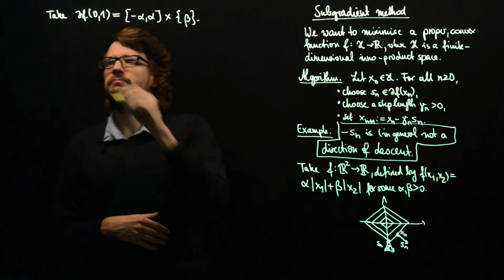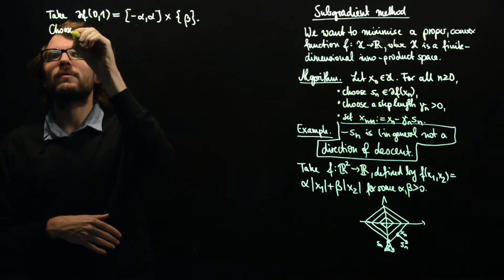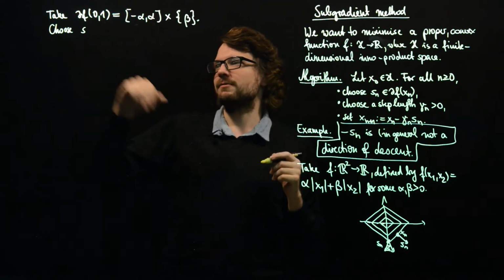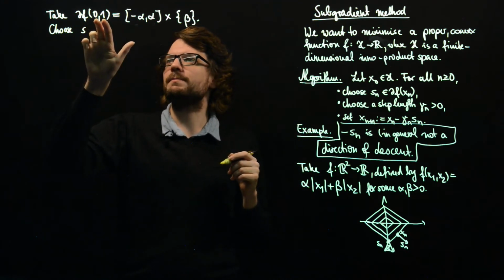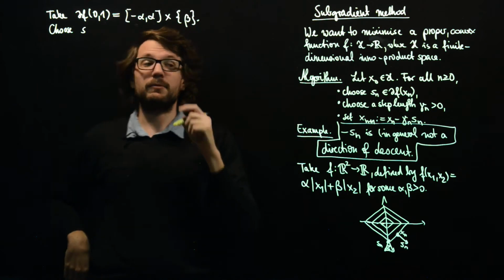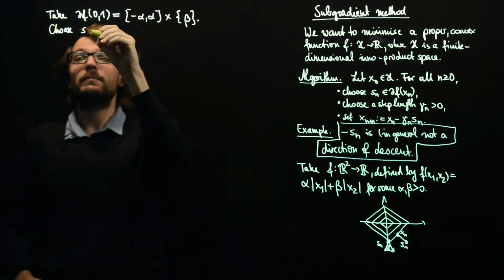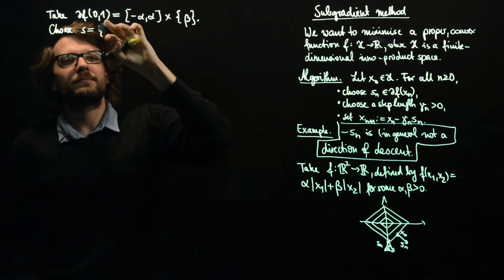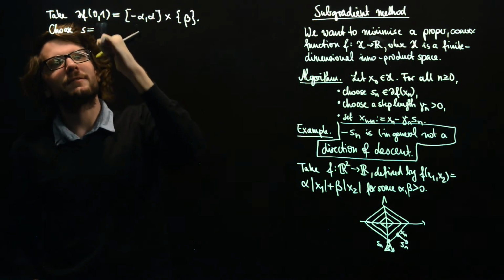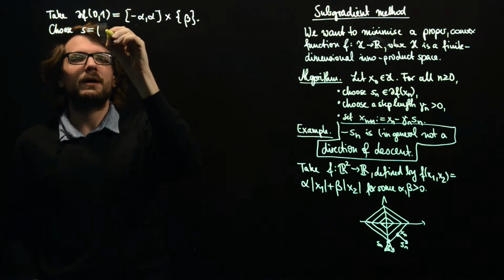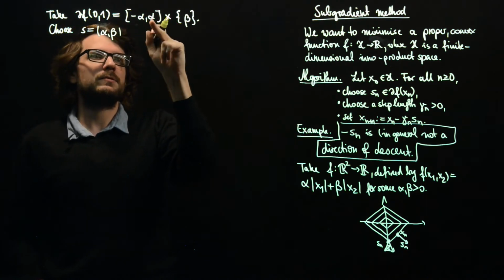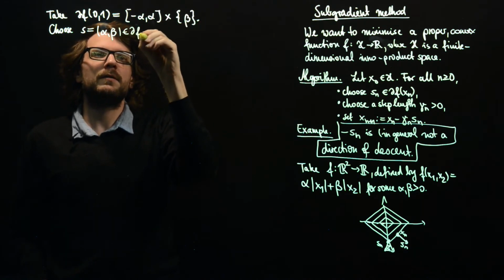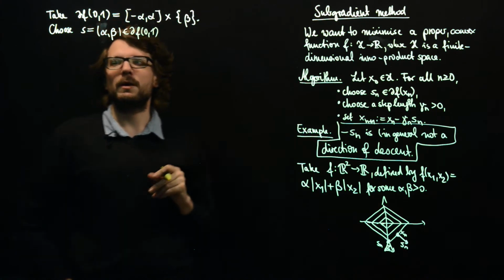Then our algorithm would choose some subgradient. I leave out the iteration number here. So here, this is the point (0, 1), and now we take a subgradient. We can choose, not a set of course, just an element of the set. So we can choose (alpha, beta): alpha here, beta here, and this is in the subdifferential at (0, 1).